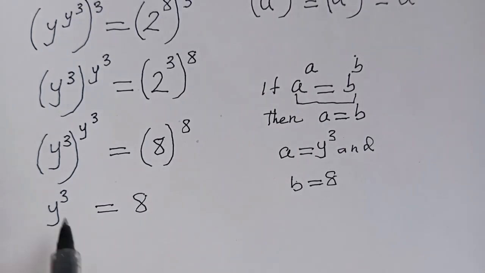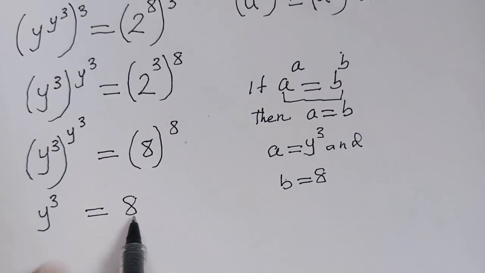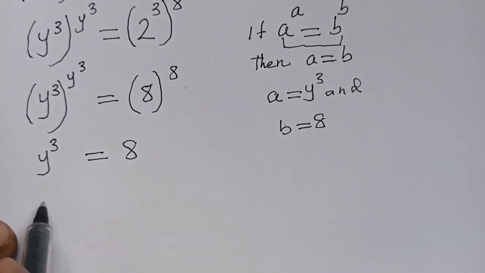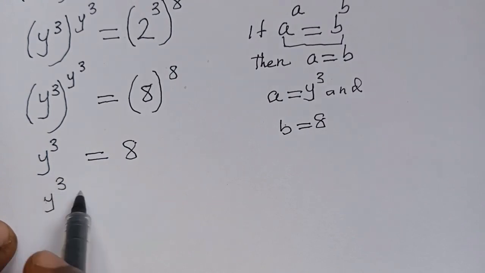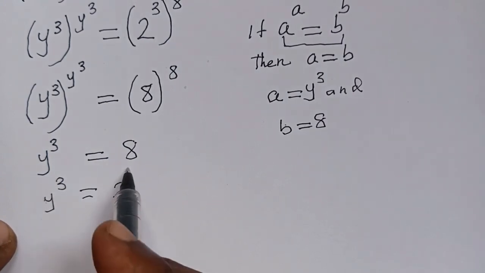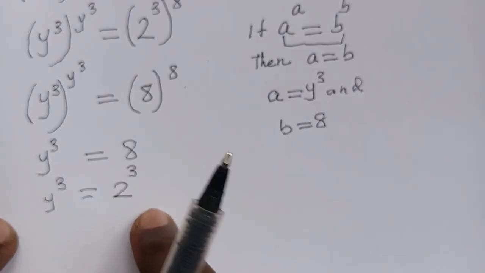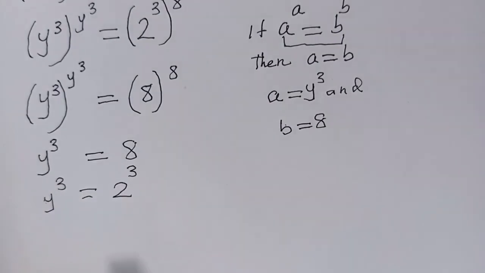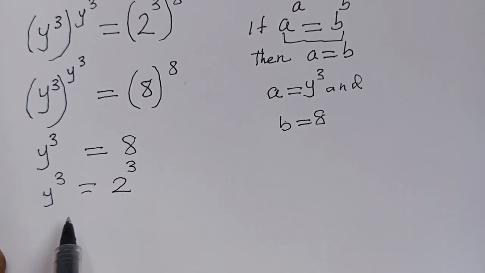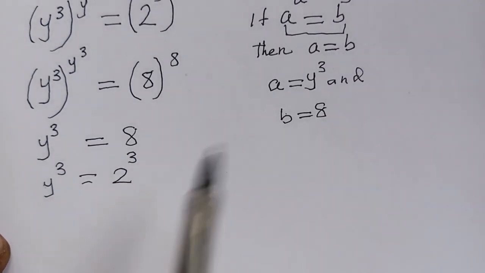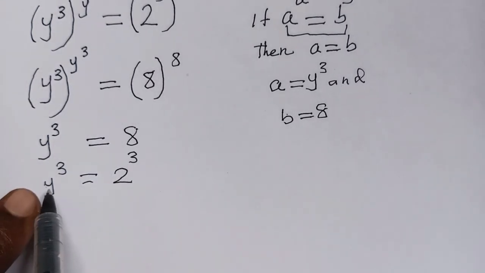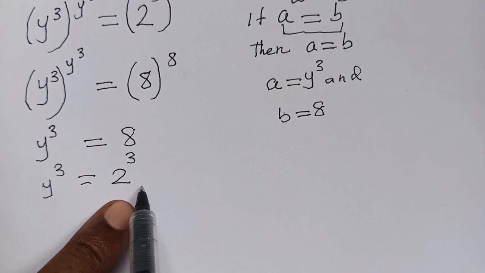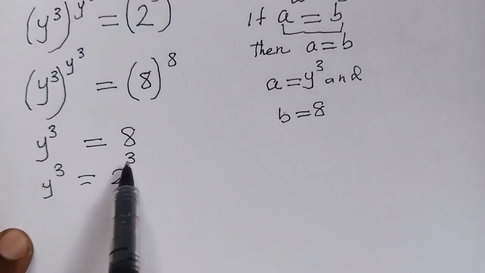Since we have y raised to power 3 equals 8, we know 8 is 2 power 3. We know 2 times 2 times 2 equals 8. When 2 is multiplied by itself 3 times, the answer is 8. In our case here, you can see both expressions have the same exponent.